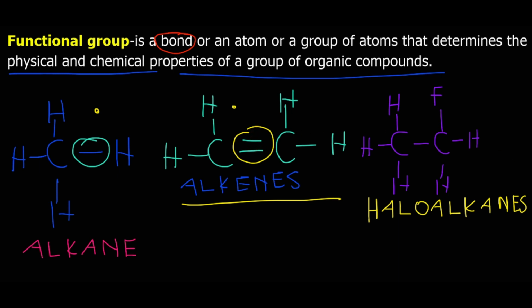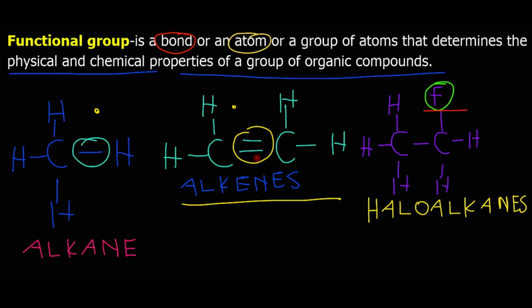And then looking at this one, we have a different atom. This one now falls under a halogen. And because this one consists of a halogen, it cannot be an alkane and it cannot be an alkene. So that is why this definition says a bond or an atom.